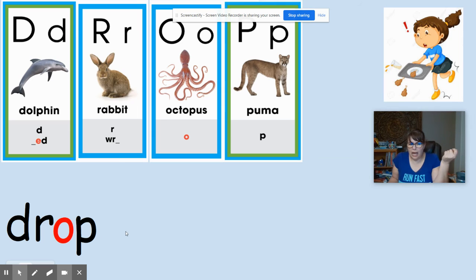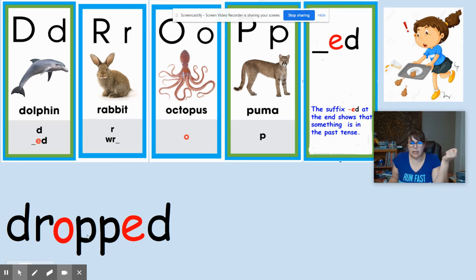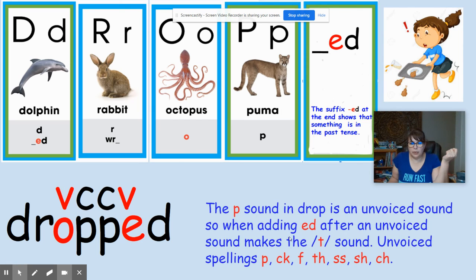So before I can add the ed, I need to double the consonant, and then I can add ed. Now the word is dropped. Now it follows a pattern, but remember the P is unvoiced. It doesn't vibrate, so it makes a t sound. So it's dropped, dropped, one syllable.